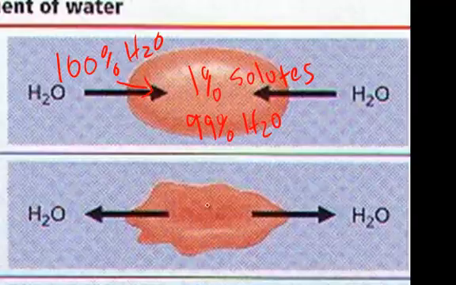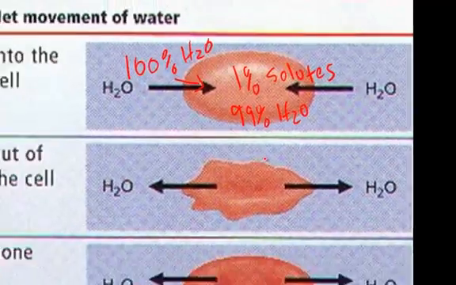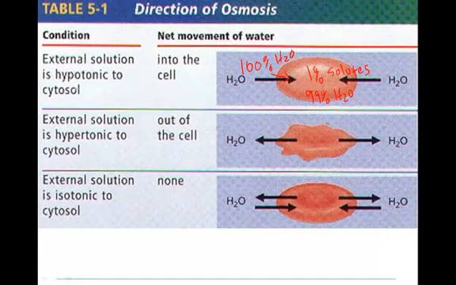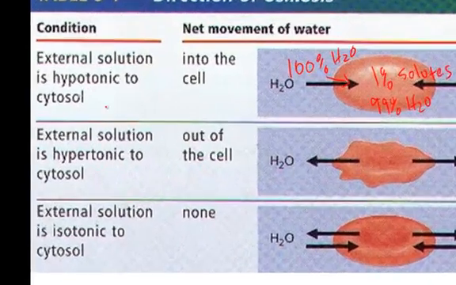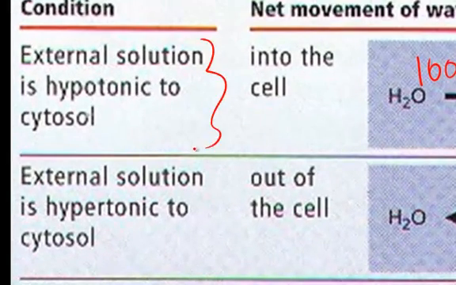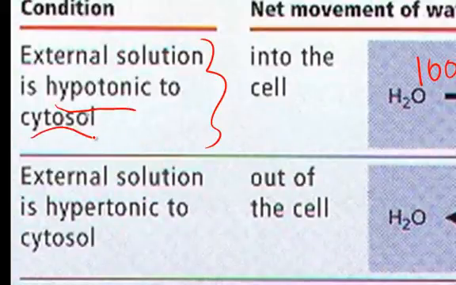The second possibility here is that the cell is placed in a concentration that is hypertonic to the cell. And notice the terminology they're using here. I do want to comment on that. In this first scenario here, they say the external solution is hypotonic to the cytosol.